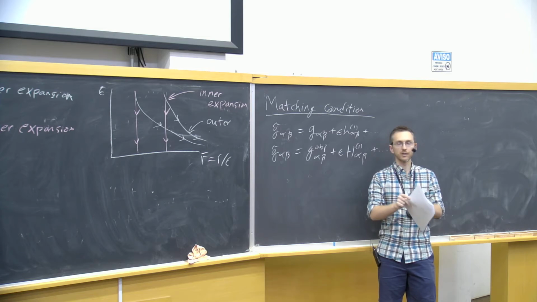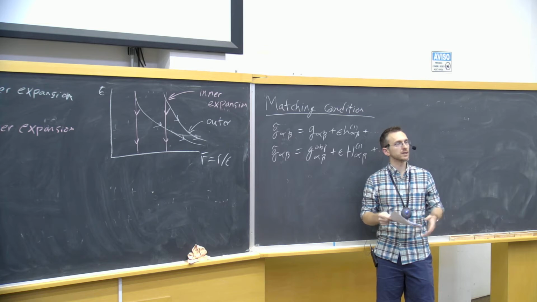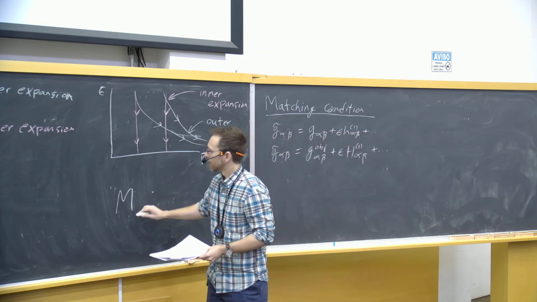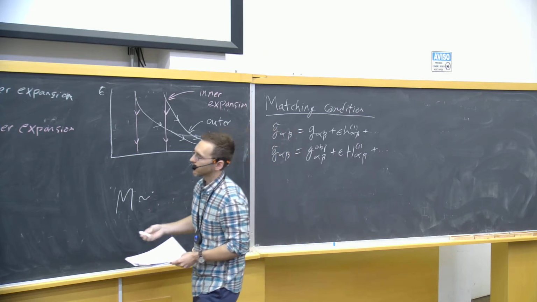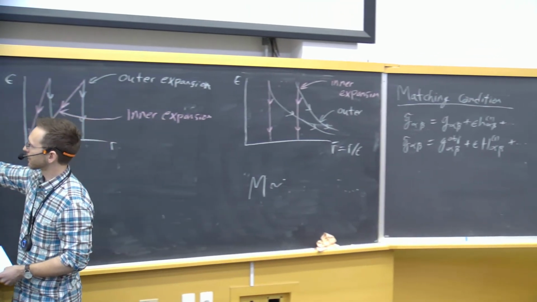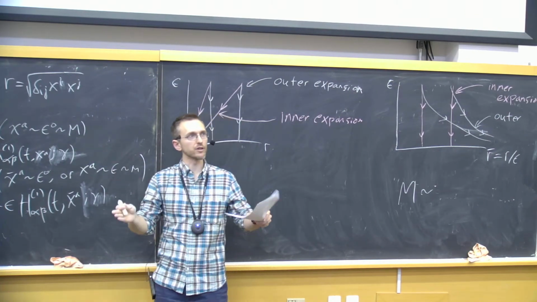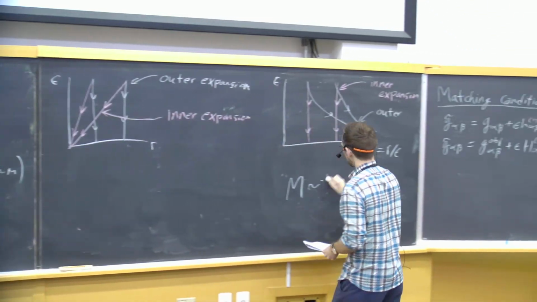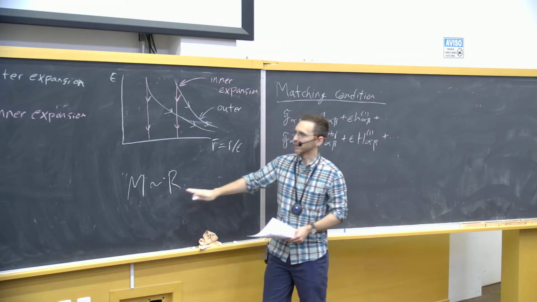In post-Newtonian theory, the distance between the two objects is much larger than either of the masses, whereas for us, the large mass sets the overall scale. So that's why here I've said that epsilon to the 0 is of order capital M. Capital M, you can think of as just being the overall scale, so it's an order 1 quantity. So the large mass is comparable to the orbital separation.